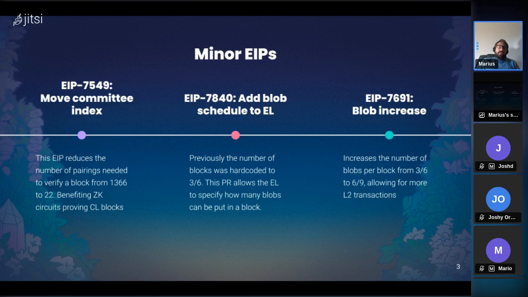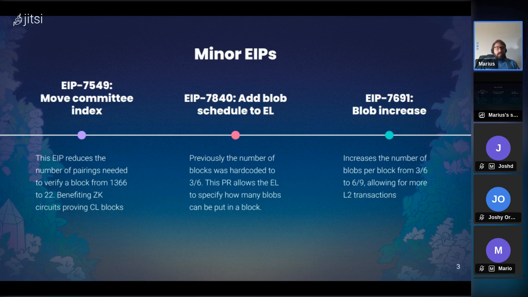7840 adds the blob schedule to the execution layer. We previously had the number hard-coded to 3 and 6, which means on average, the blob mechanism uses the 1559 mechanism. Basically, you have a target and a maximum, and whenever the number of blobs in the block is greater than the target, so if you put more than 3 blobs in a block, then the fee will rise.